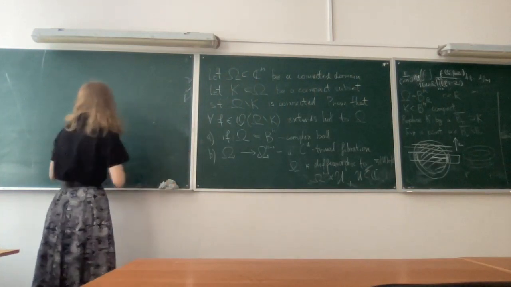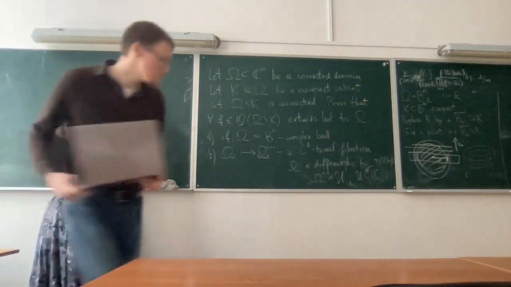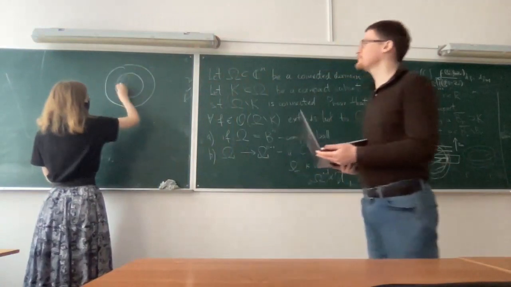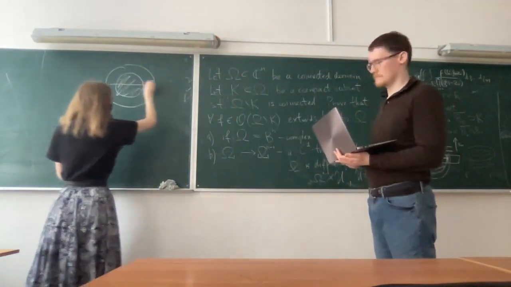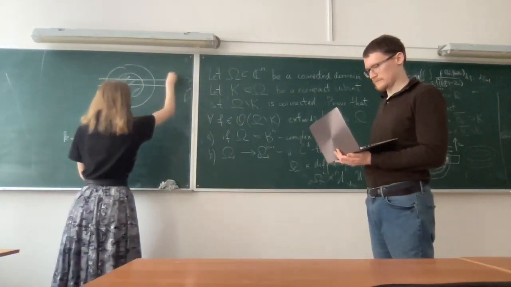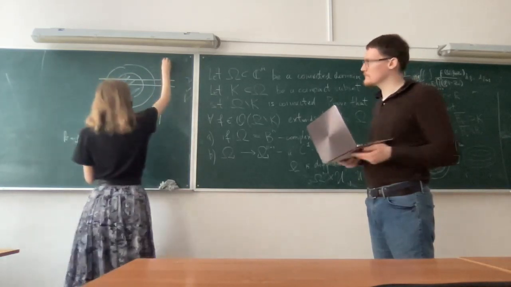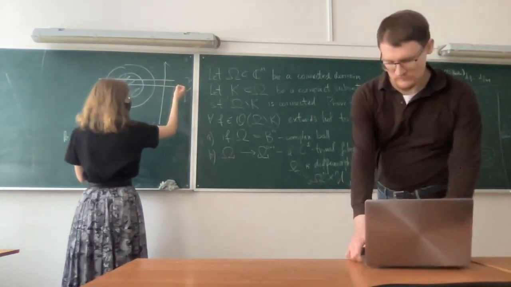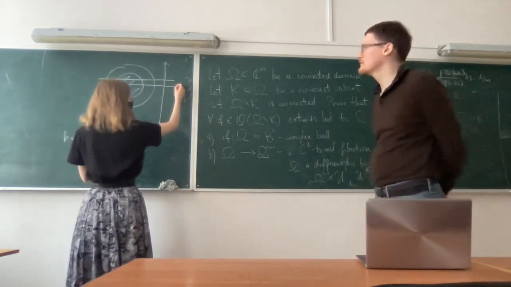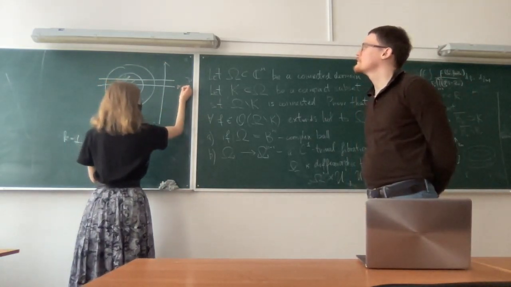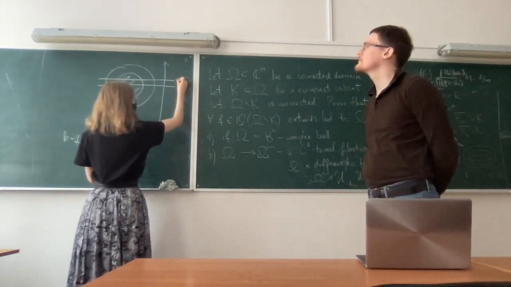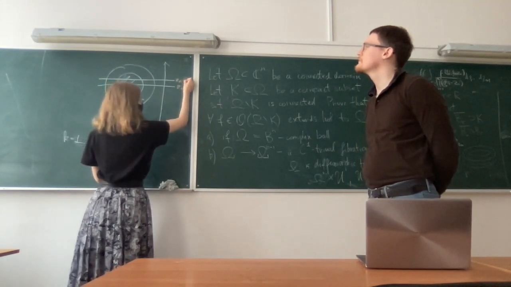So I'll redraw this picture, and then I take a slice. The slice looks like this. So that's some Zn equals constant, Zn equals C, and Zn equals C plus epsilon.